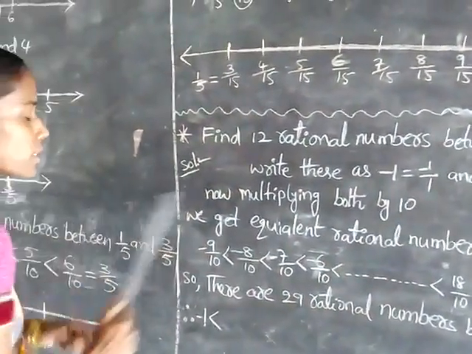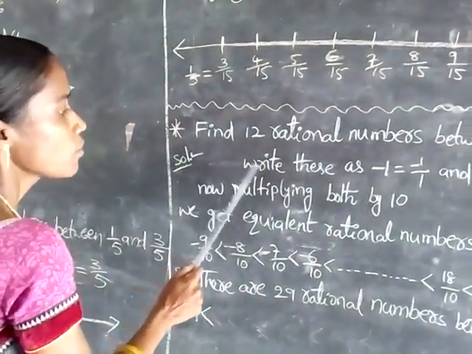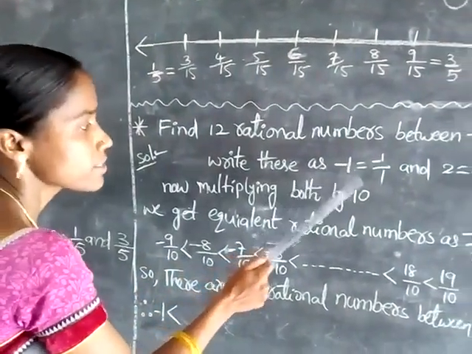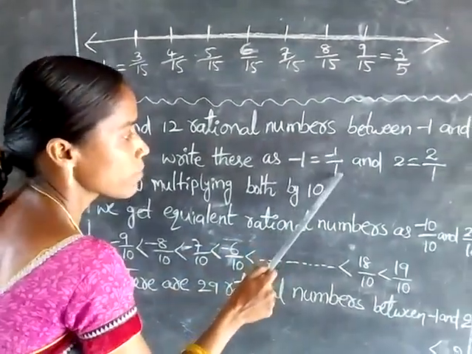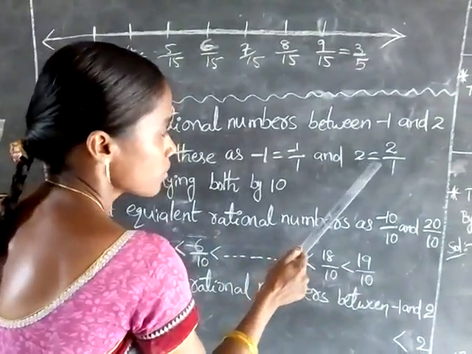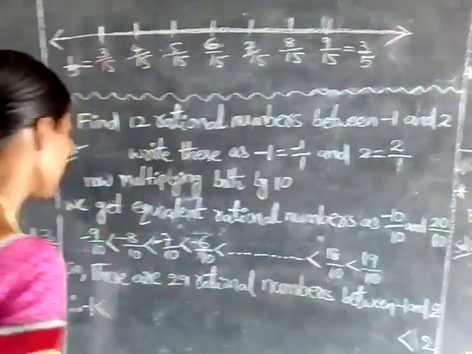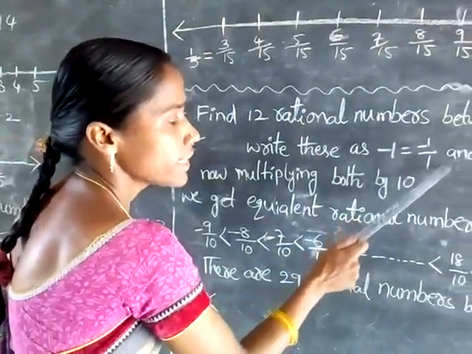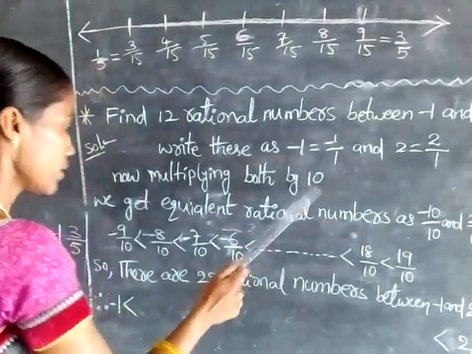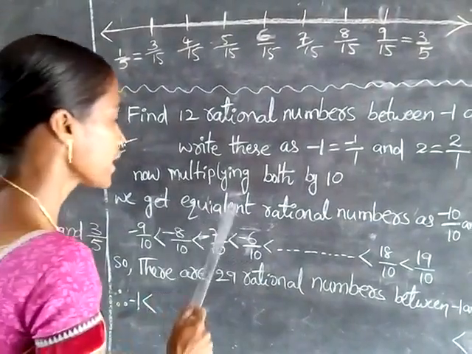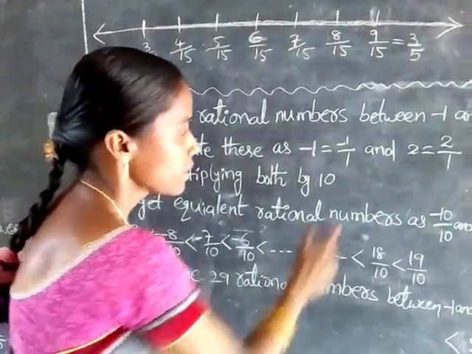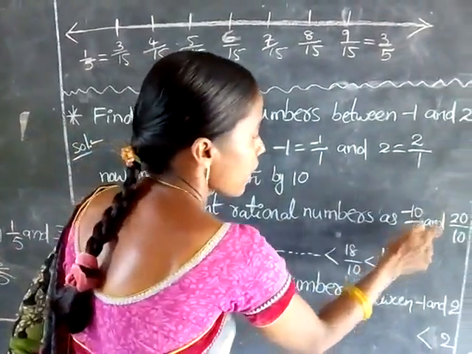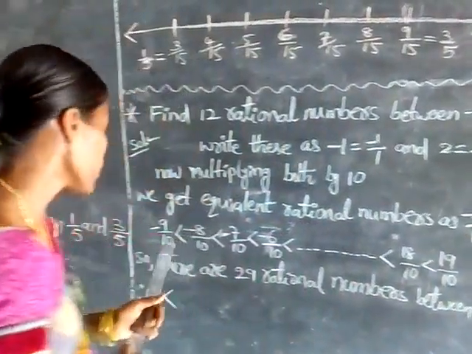Solution. Here we can write -1 as -1/1 and 2 as 2/1. Now multiplying both numerator and denominator by 10, we get the equivalent fractions -10/10 and 20/10.